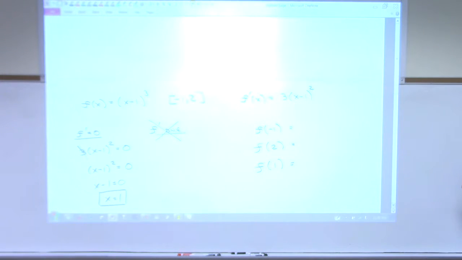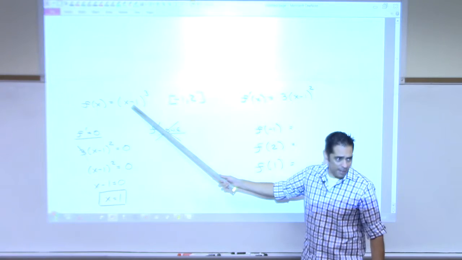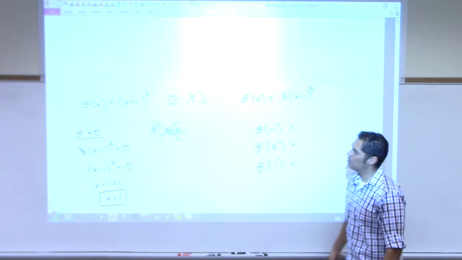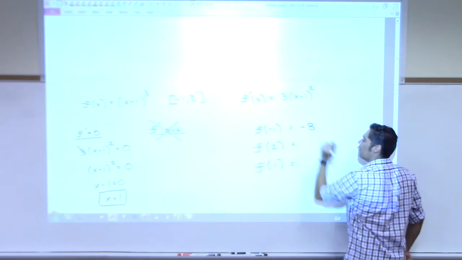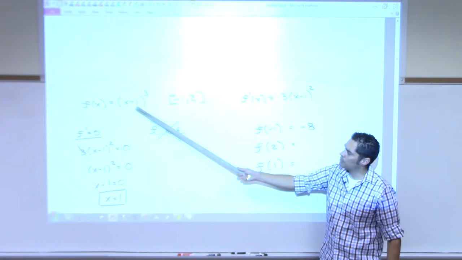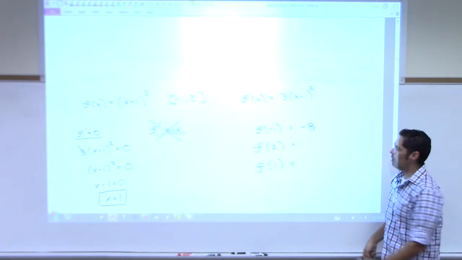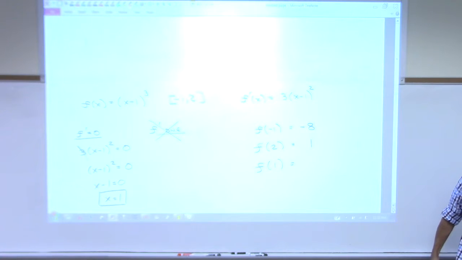f of -1, what's that? If I plug in -1 in here, -1 minus 1 is -2. -2 cubed is -8. Okay. Let's plug in 2. 2 minus 1 is 1. 1 cubed is 1. And then plug in 1: 0.